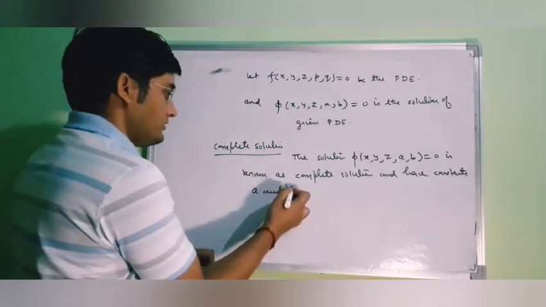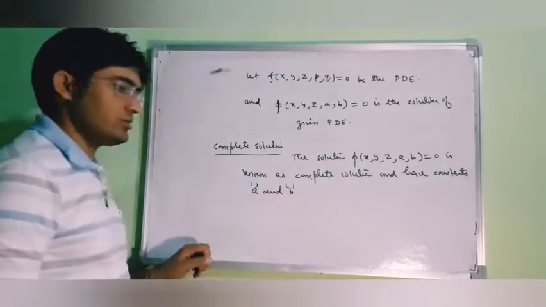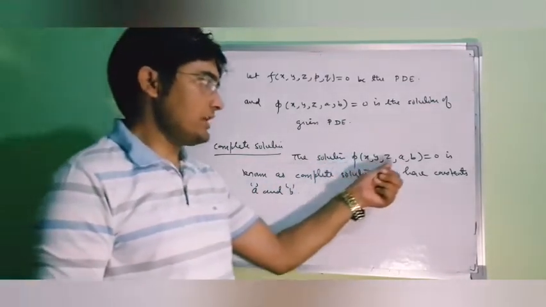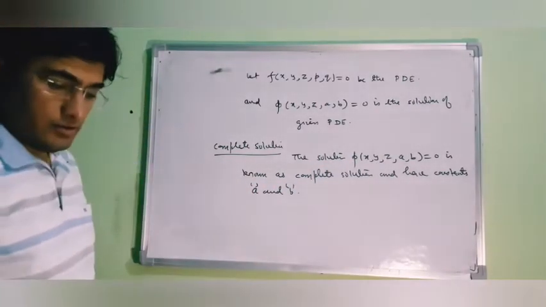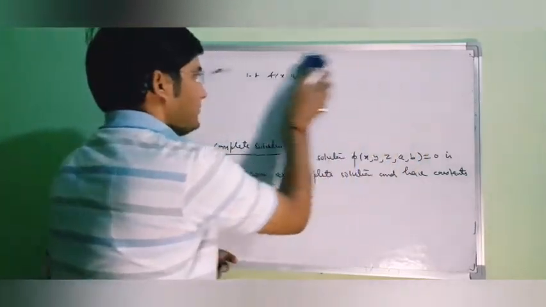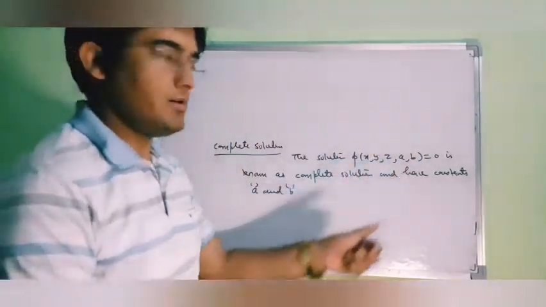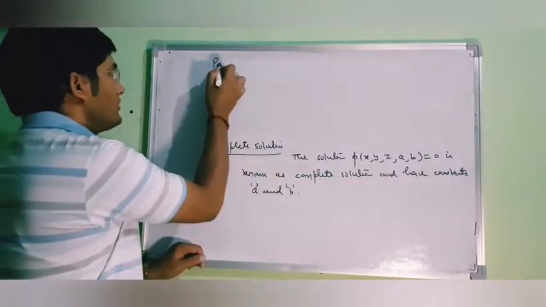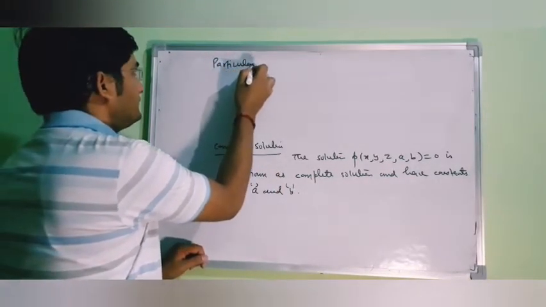So this is known as complete solution and it has two constants a and b. Then particular solution. Now if you put some particular value to the constants a and b, then this solution is known as particular solution.